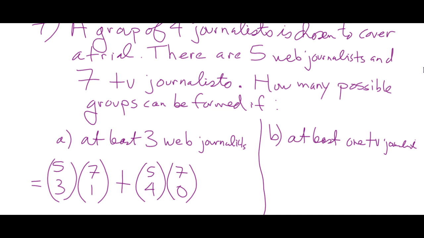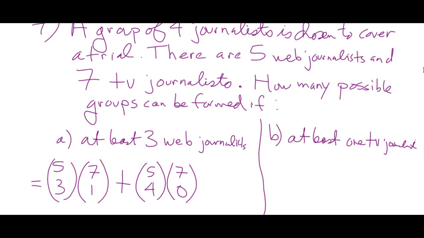So if there's at least 1 TV journalist, then how many could there be? So there could be, okay, so do we want to do that 4 times? So then what can we do instead?